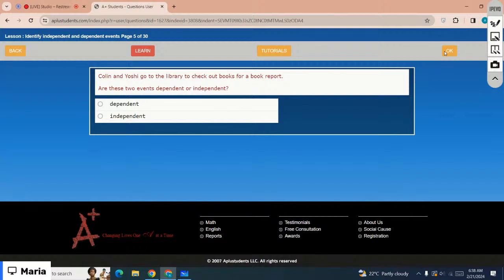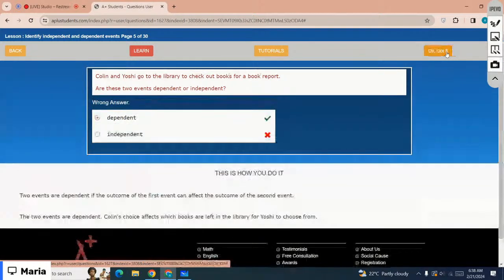They are independent events. The correct option is independent. Sorry, I selected the wrong option earlier. They are independent events.